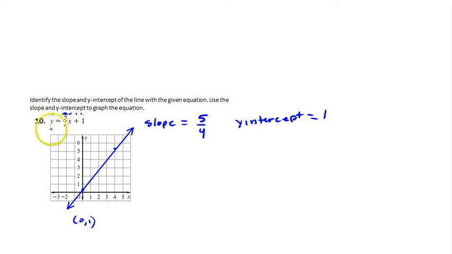So now I've graphed the line for y equals 5/4 x plus 1 right here. Except it looks like my screen slid a little bit.